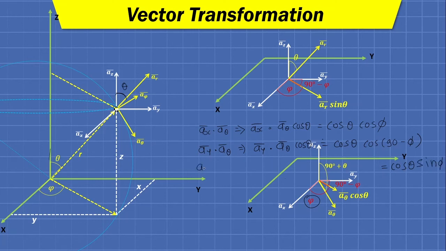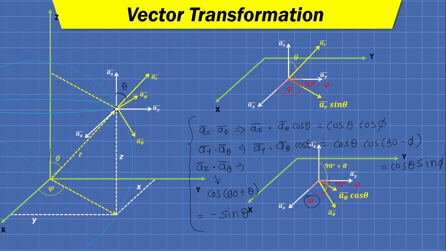For the dot product of az bar and a theta bar, the angle between them is 90 plus theta. So it will directly be cos of 90 plus theta, which is nothing but minus sin theta. This is how we calculate the second three dot products.